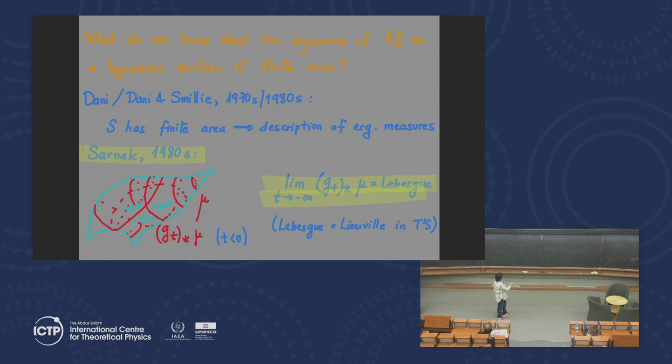And what Sarnak proved is that these measures, which are the push forwards under the geodesic flow for negative times of the ergodic measure supported on this orbit, converge to Liouville measure on the unit tangent bundle. And this is also a theorem which will be important for us today.